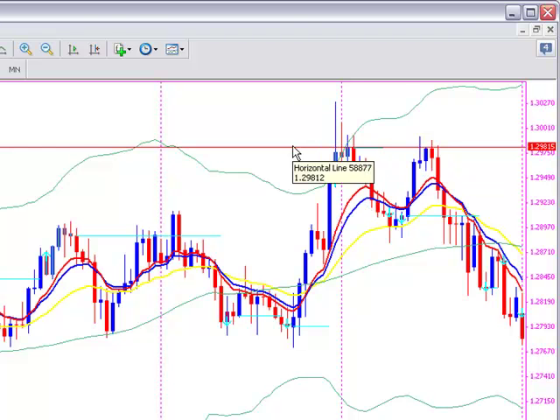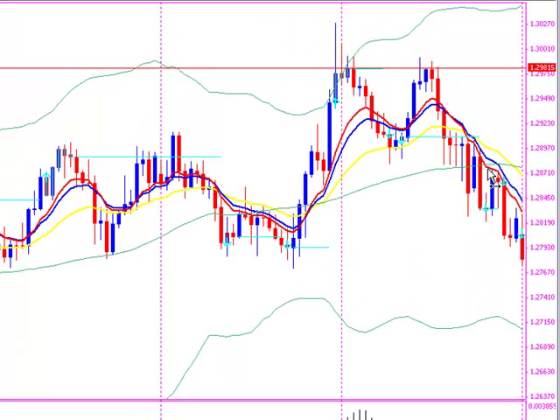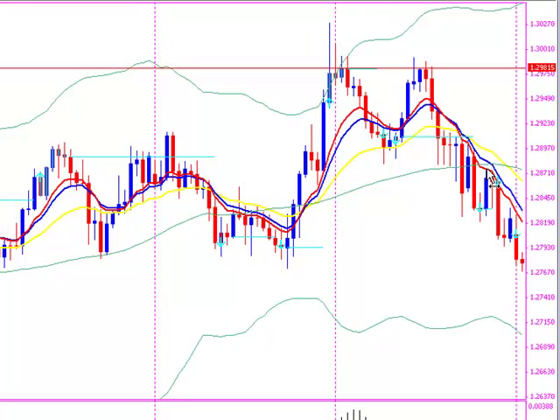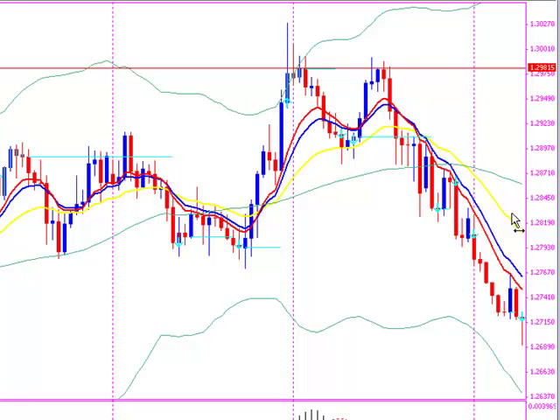Now in this case we have a formation just at the top of the Bollinger, and you find out that anytime the price comes to any of the moving averages, it's a place where you short because it acts as a dynamic resistance.